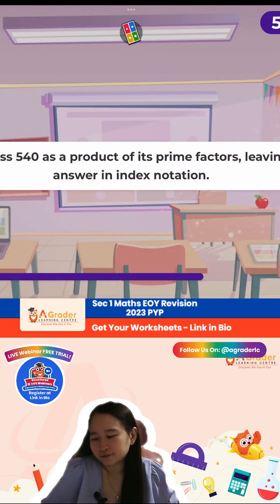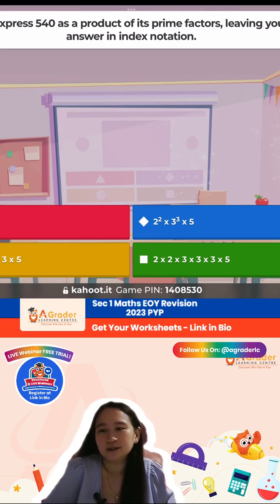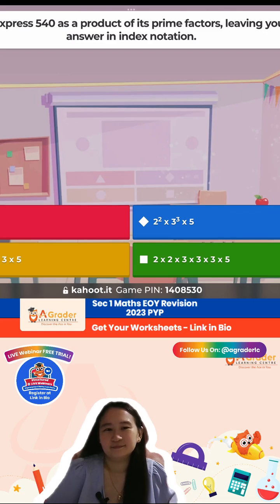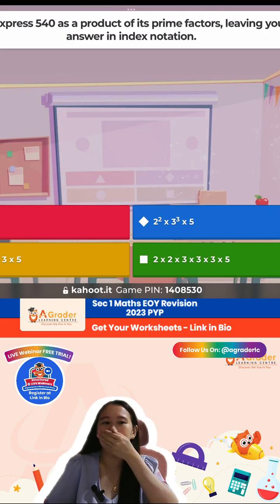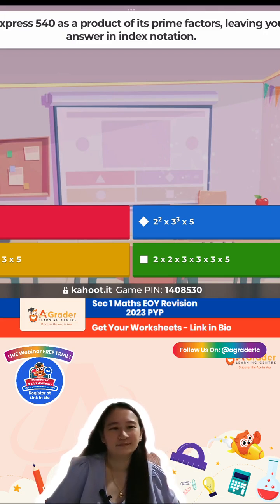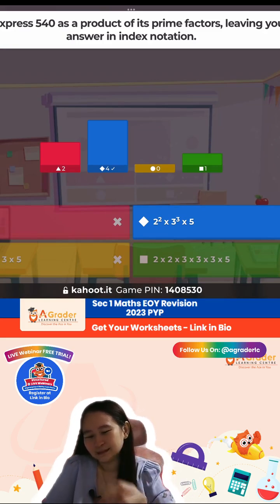Express 540 as a product of its prime factors, leaving your answer in index notation. For secondary math, you can always use a calculator.